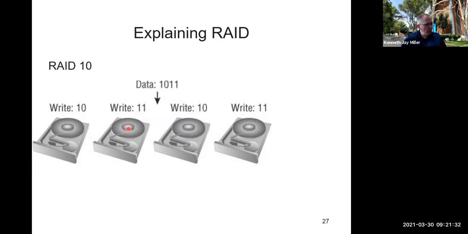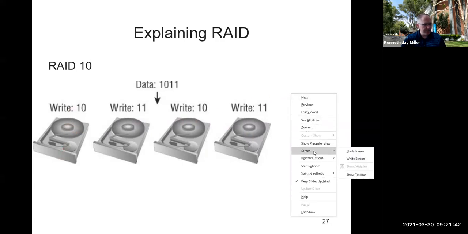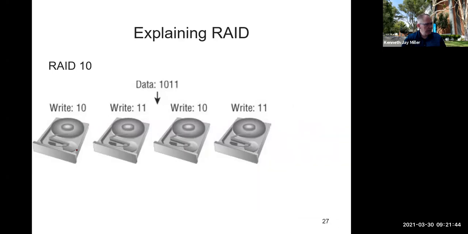And then 11 is written to this disk, and then it's mirrored to this disk. So you see the mirroring is on these 2 disks. So this 10 is mirrored onto this disk, and then 11 is mirrored over here.